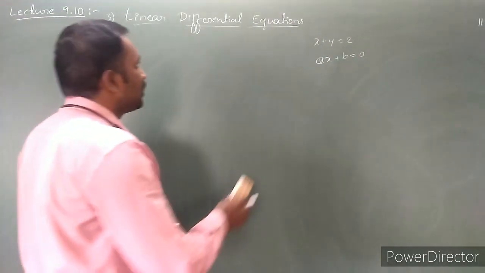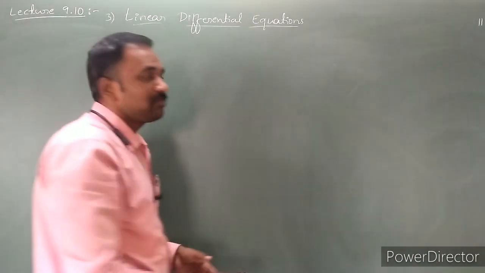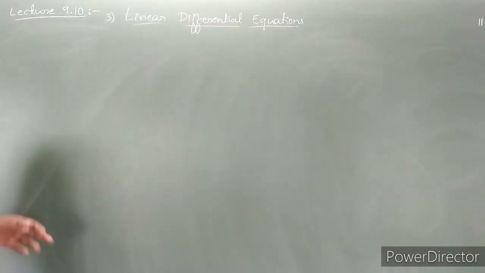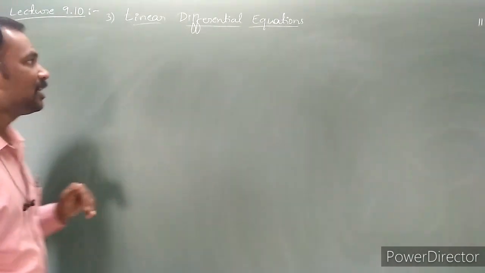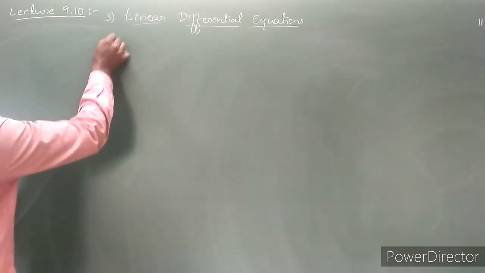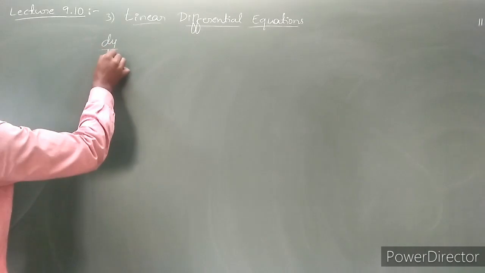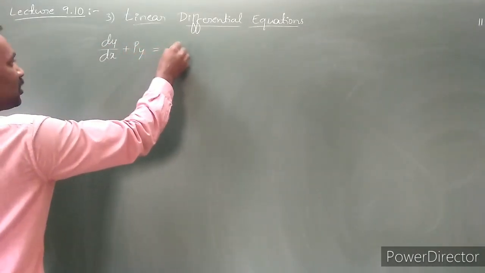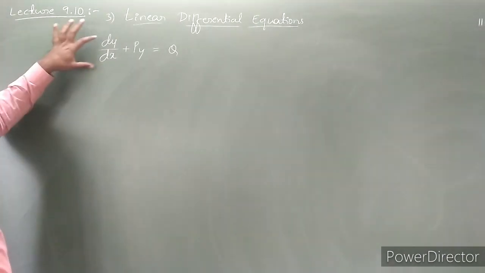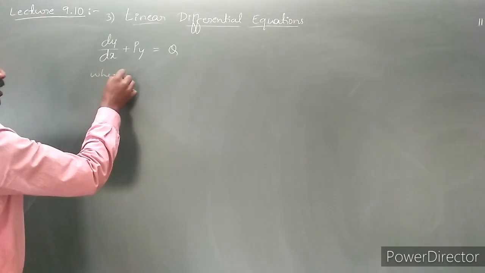In the same manner, a linear differential equation involves the derivative of the dependent variable with respect to the independent variable. The differential equation is of the form dy by dx plus p into y is equal to q.